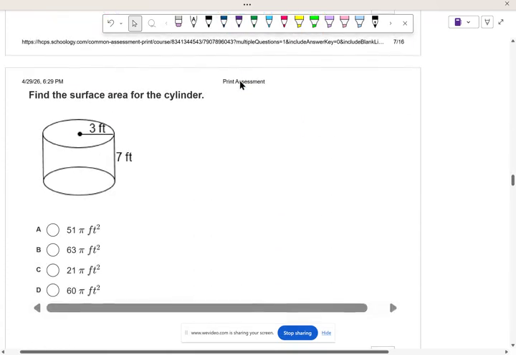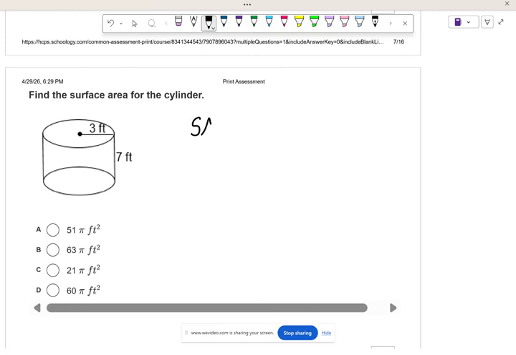Number 11, find the surface area for the cylinder. So let's go look up the formula off of our formula sheet. Surface area is equal to 2 pi r squared plus 2 pi RH.